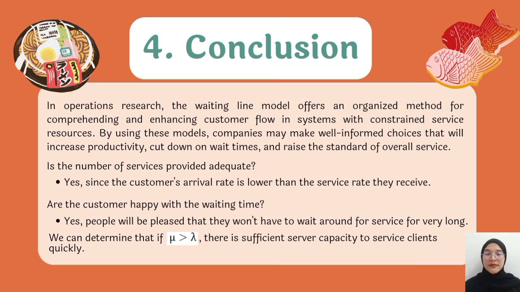Definitely. Customers are likely to be satisfied because they don't have to wait long for services. To summarize, if the service rate denoted as mu is greater than the arrival rate denoted as lambda, there is enough capacity to serve clients quickly and efficiently.